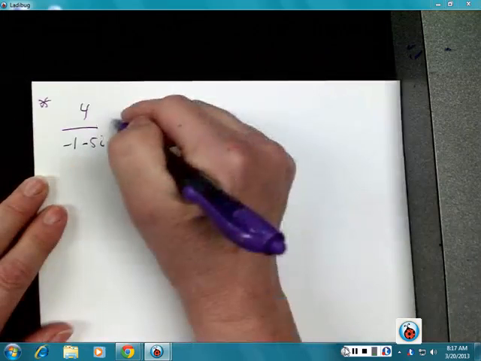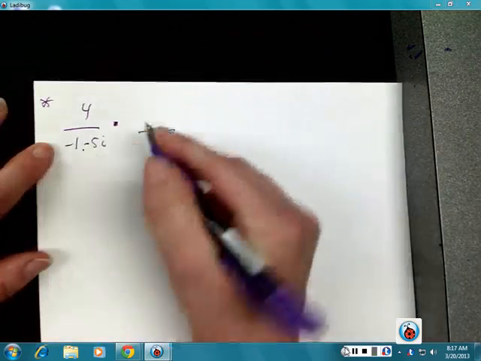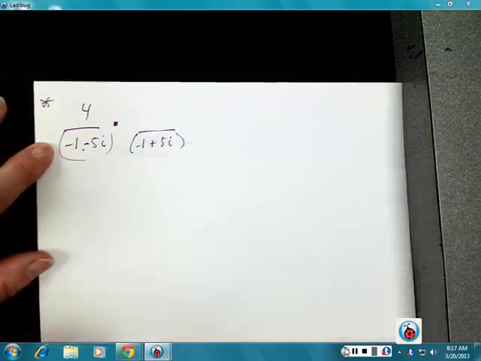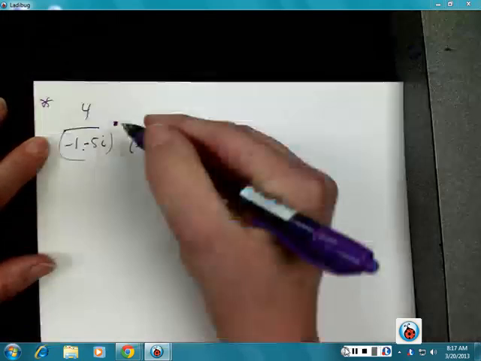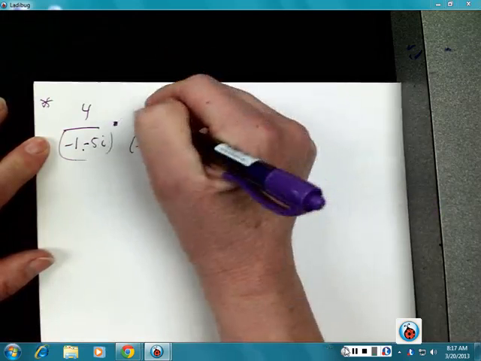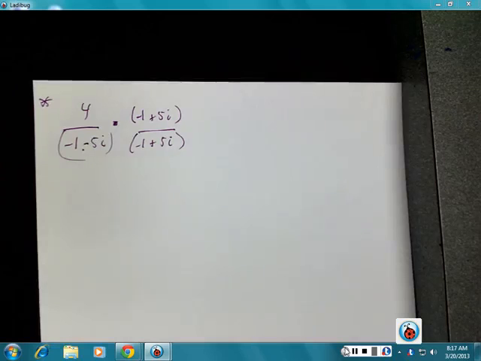So the same thing happens here. I'm going to multiply by its conjugate. Well, we just found out that meant a negative 1 plus 5i because of its conjugate. But if I do something to the bottom, I also do it to the top. So negative 1 plus 5i goes on top as well.